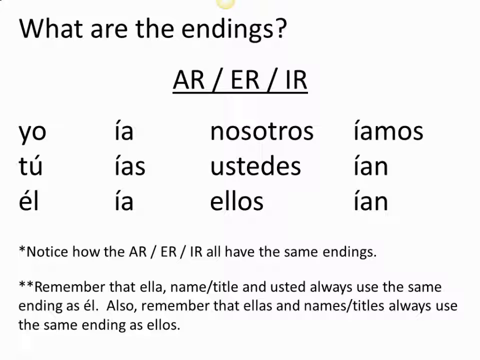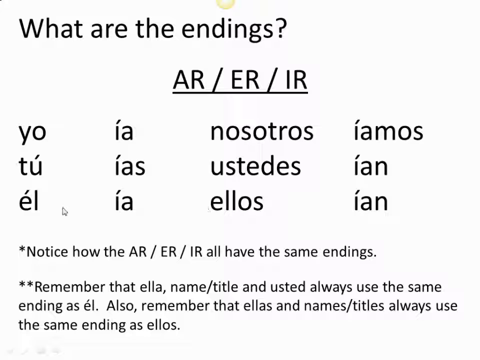All those endings are ía, ías, ía, íamos, ían, ían. Notice that all of the I's have accents in them, and that the endings build. Starts with ía, the S makes sense, it's tú. The mos for nosotros, the N's here, similar to things you've had in the past.